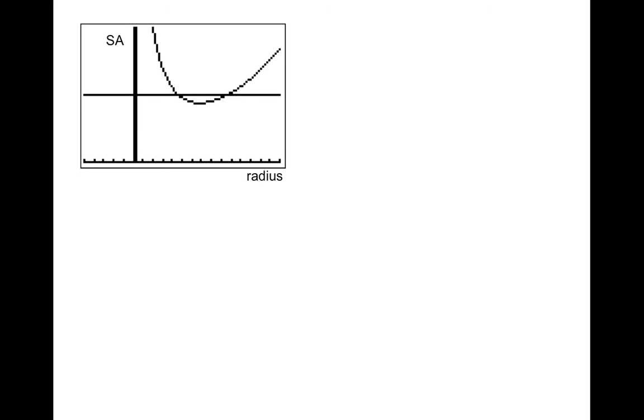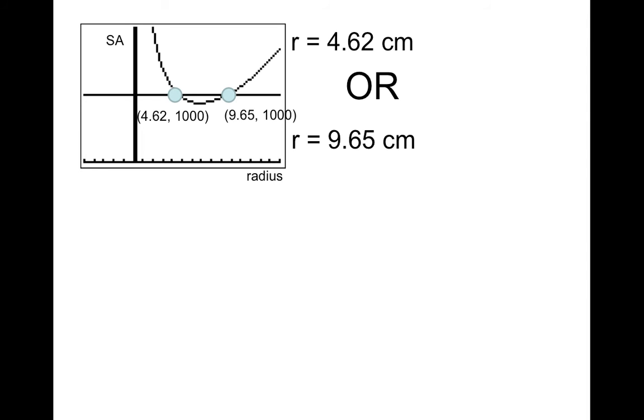And so you see that there's two places where these graphs cross. So you need to find those intersections. One's at 4.62. One is at 9.65. So remember that x's stand for the radius that we're looking for. So the can overall that we are hoping for could have a radius of 4.62 or 9.65.